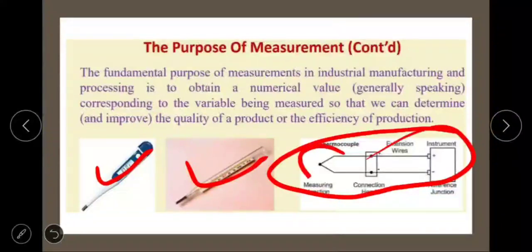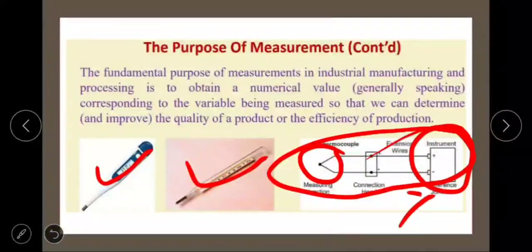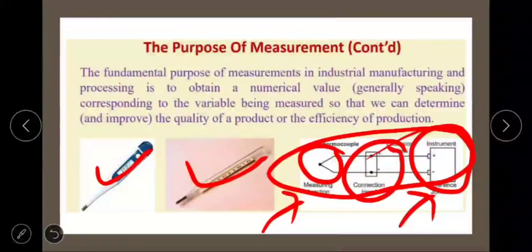Whenever we join two different metals and we put those two metal junctions at different temperatures, so this is a measuring junction and this is a reference junction. The temperature of this junction is known, and the temperature of this junction is unknown. Whenever we put this kind of arrangement, then an EMF is developed. That EMF is proportional to the difference of the temperatures.